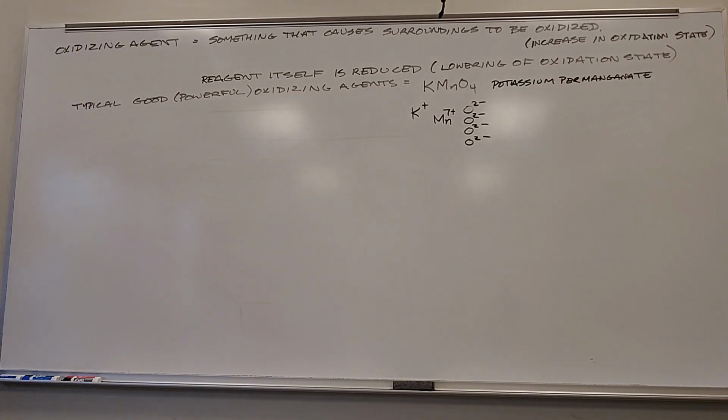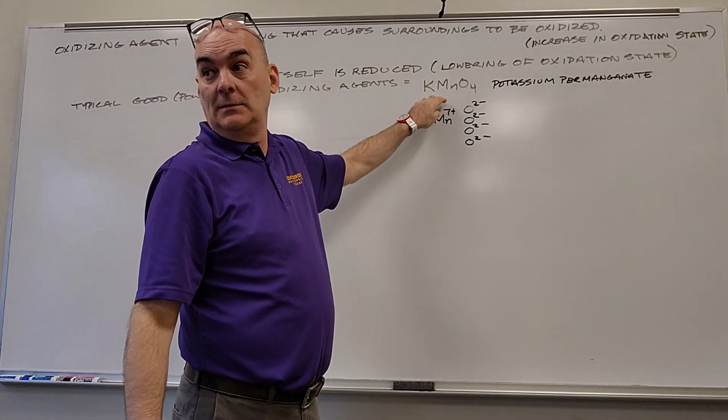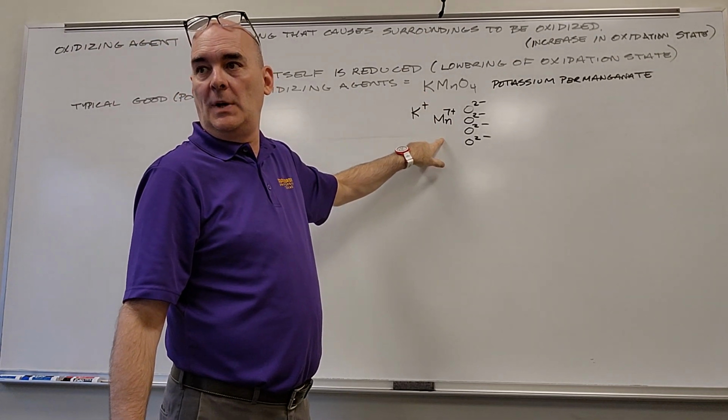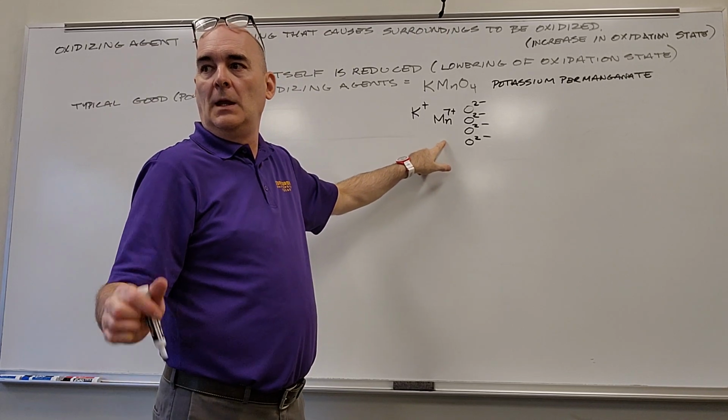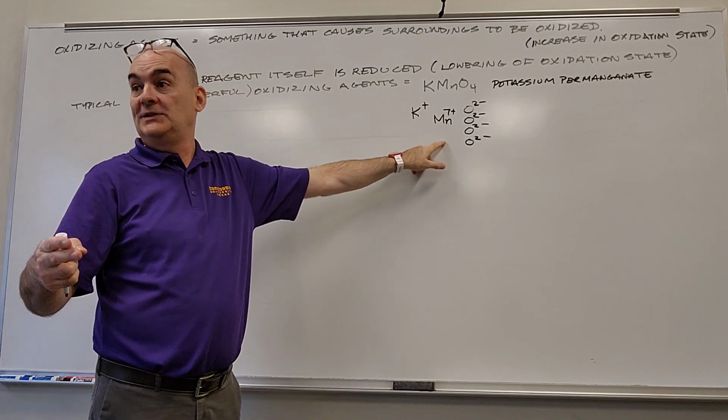Permanganate is only capable of reacting by becoming reduced. It cannot itself get oxidized anymore. It's at its limit. +7 is as oxidized as you can get. Therefore, when KMnO4 reacts with anything, it itself must lower this number. And there are 2 textbook examples of how that happens. One is in acid and one is in base.